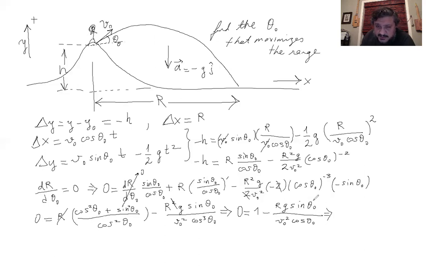I have tangent, sine over cosine is tangent. So I have basically v naught squared over rg equals tangent theta naught.